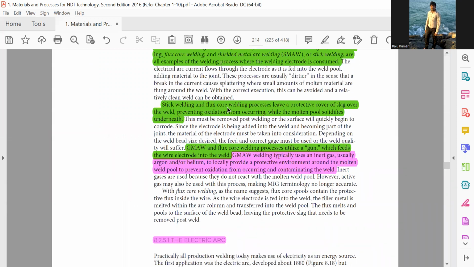Stick welding and flux core welding processes leave a protective cover of slag over the weld, preventing oxidation while the molten pool solidifies underneath.